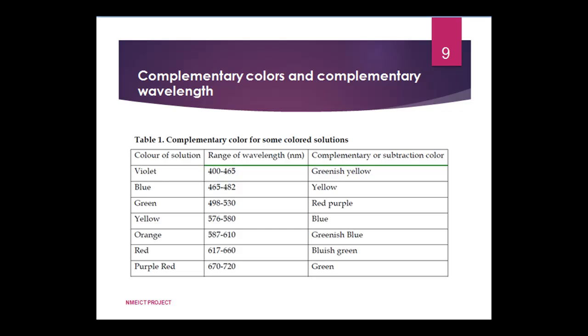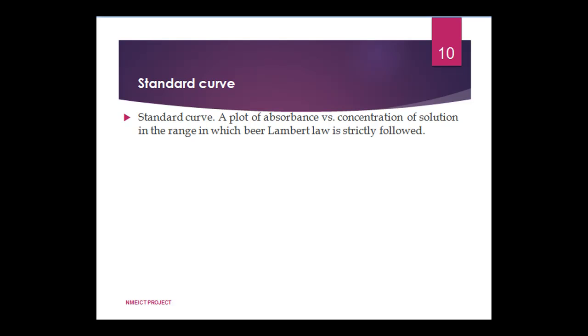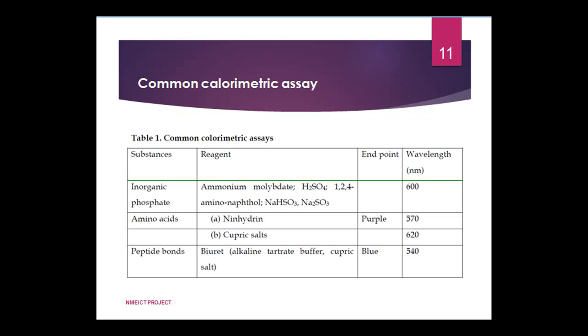For estimation, we plot a standard curve. A standard curve is a plot of absorbance versus concentration of a solution in the range in which Beer-Lambert's law is strictly followed.